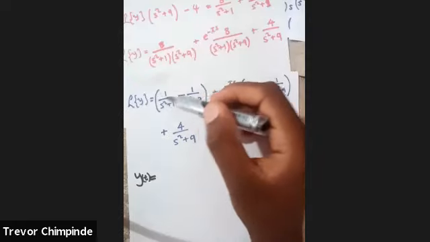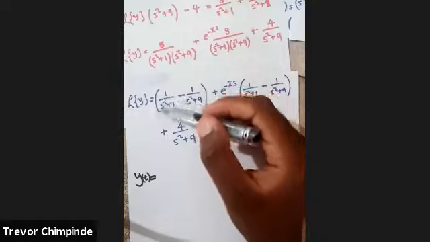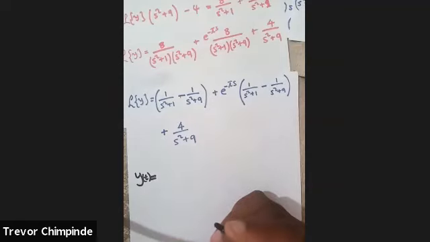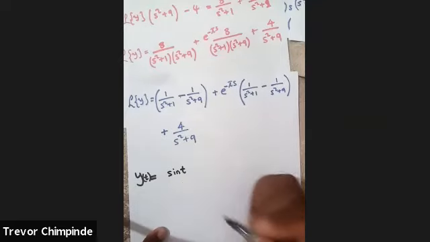It's not difficult. The first term, 1 over s squared plus 1. I meant sine of t. It seems complicated, so it's just sine of t. Yes, sine of t.